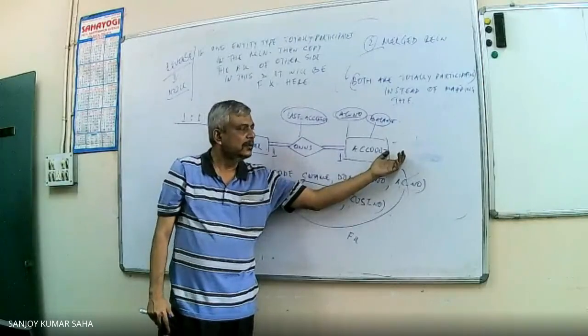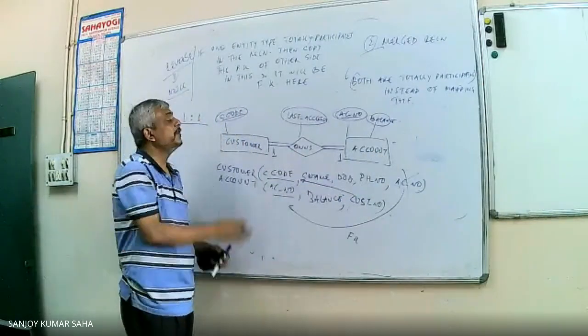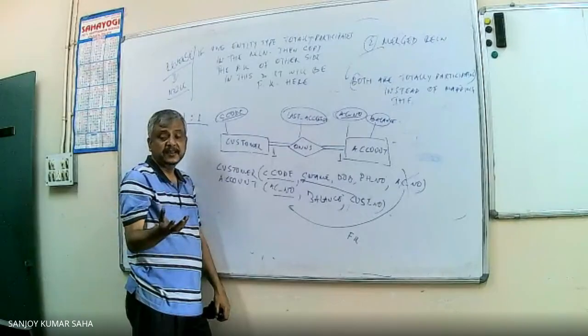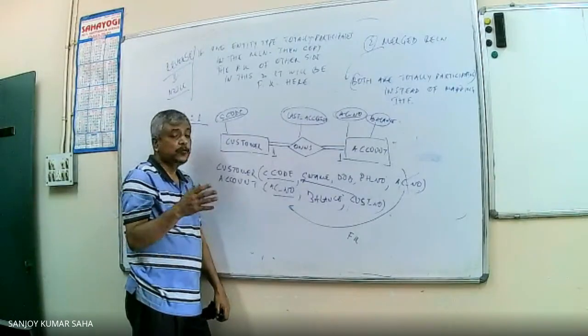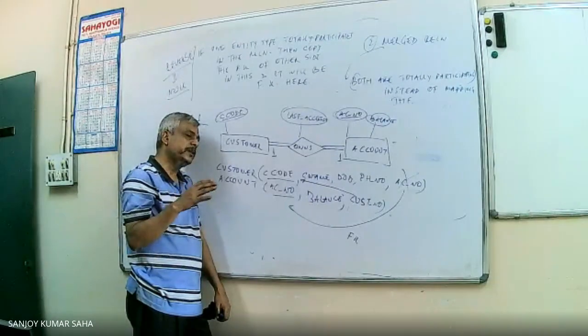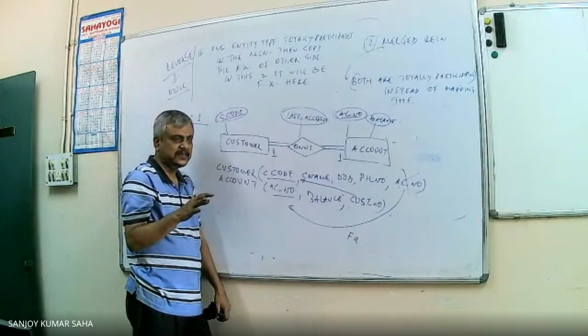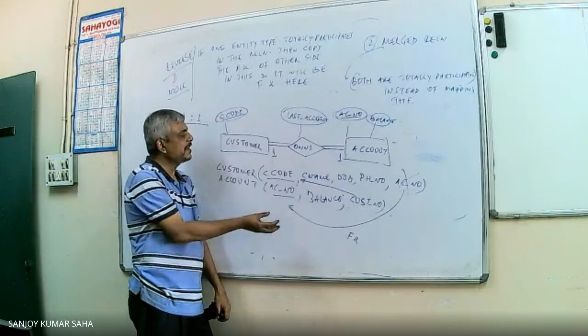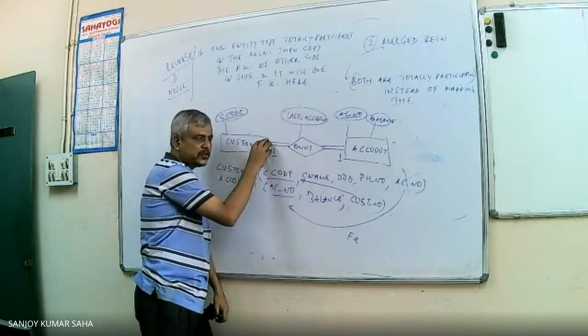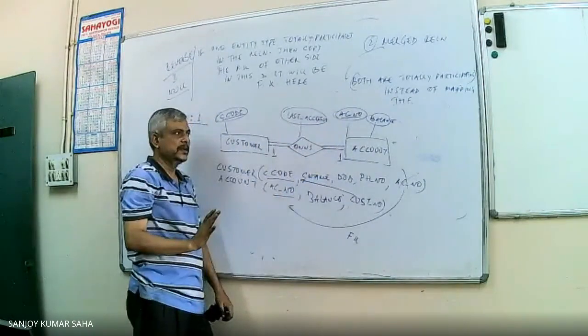Right? If it is from both sides, then you have to go for redundancy. Whenever we are allowing redundancy, we have to take the burden of maintaining the consistency and all those things. Then one can keep the account number also here and the customer code also here.